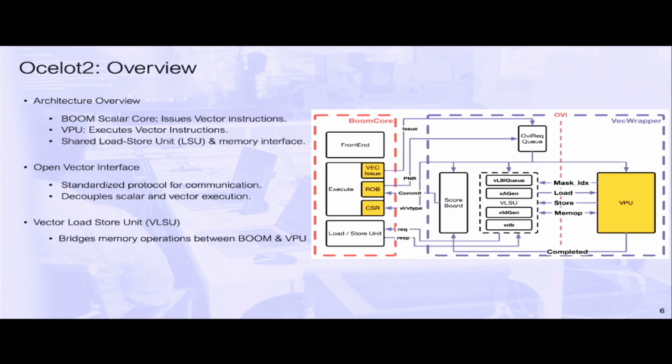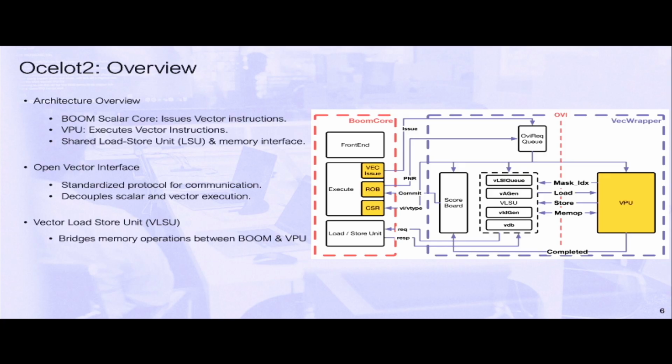These two are connected through the Open Vector Interface, OVI. When the scalar core decodes a vector instruction, it passes it over to the VPU via OVI. The VPU handles the actual execution, and once the operation is done, the VPU updates the scalar core's reorder buffer, which ensures that instructions retire in program order and that exception handling remains consistent.